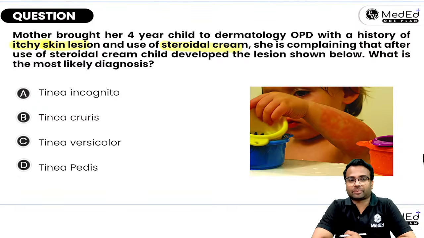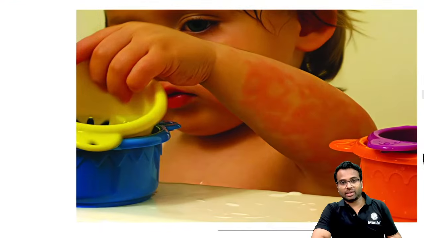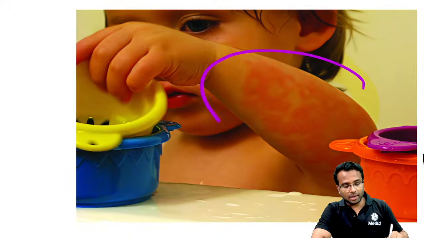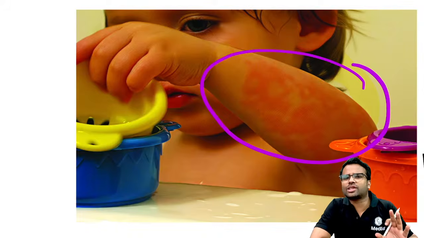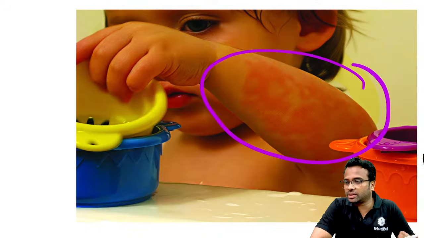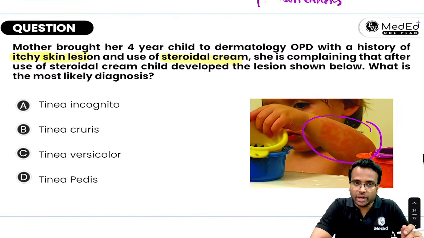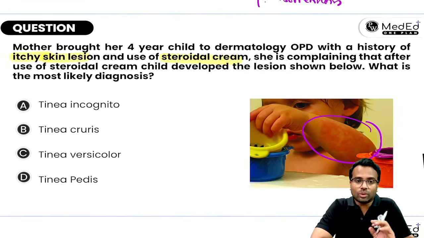So what is it? The lesion is still persisting in this child, and there is no improvement in the symptoms. What is this? Is it a tinea incognito, or is it tinea cruris, tinea versicolor, or tinea pedis?